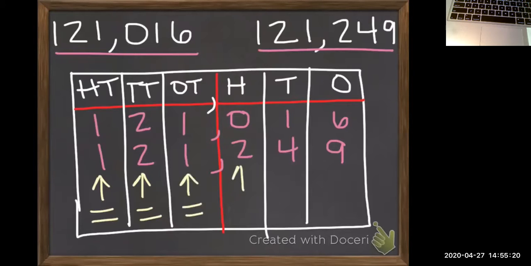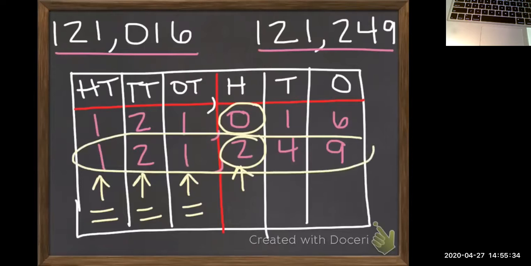But I notice when I get to the hundreds place, there's a 0 in the hundreds place, and there's a 2 in the hundreds place. I know that 200 is more than 0. So I know that this bottom number is the greater number. So to fill in my number sense above, 121,016 is less than 121,249.